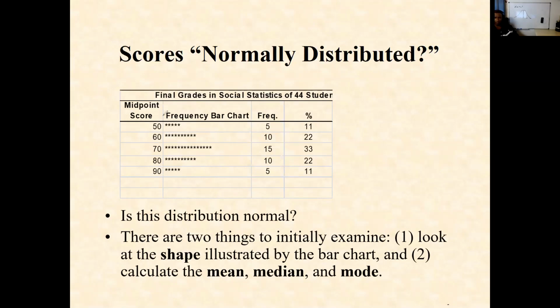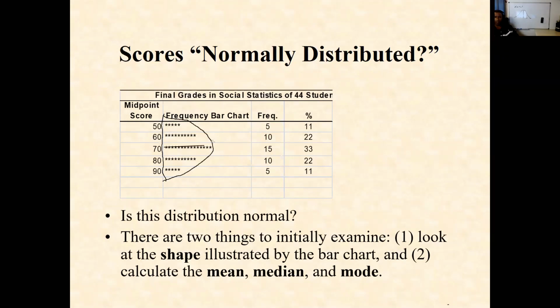So you start up here, you go around, looks like a bell shape to me, okay? If you were to cut it in half, the left side and the right side are, for the most part, mirror images of one another. So examining it visually, it certainly appears that we have a normal distribution here, okay?